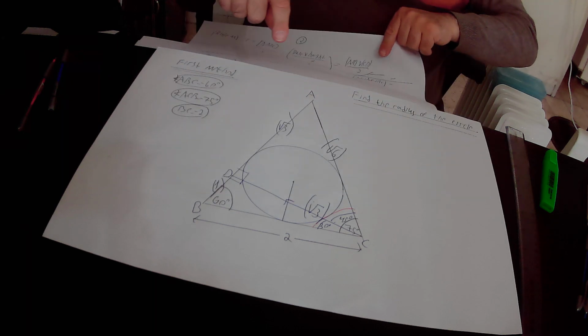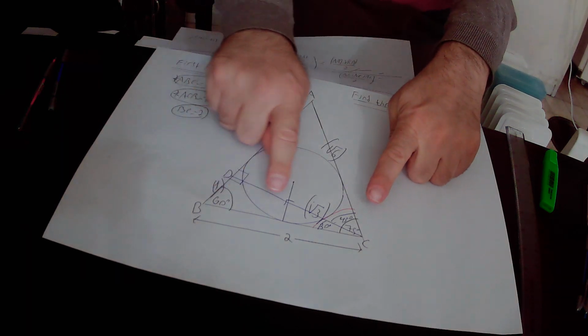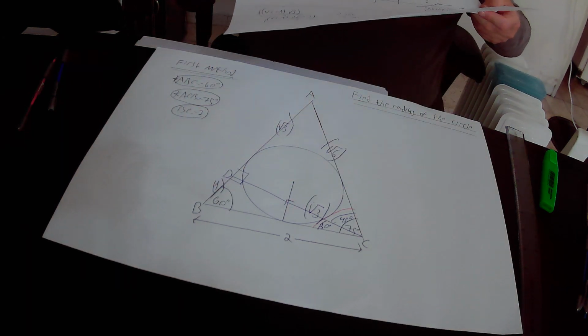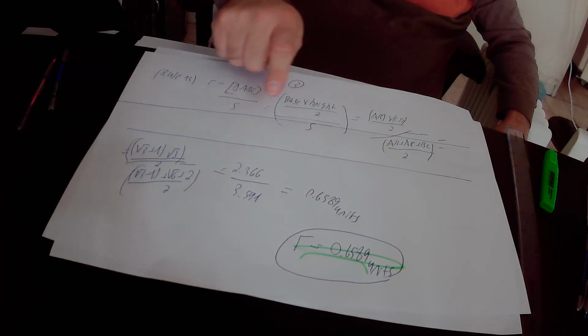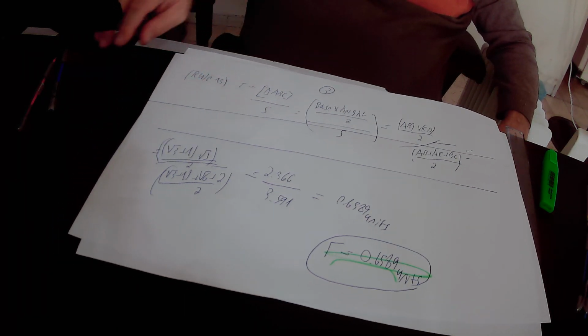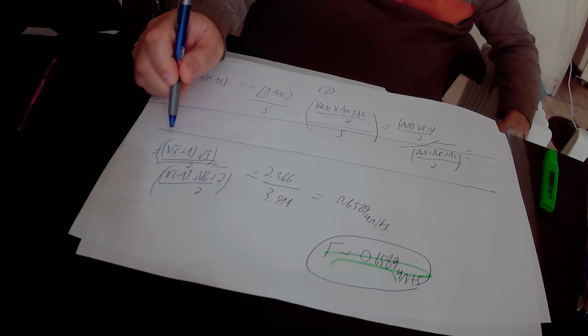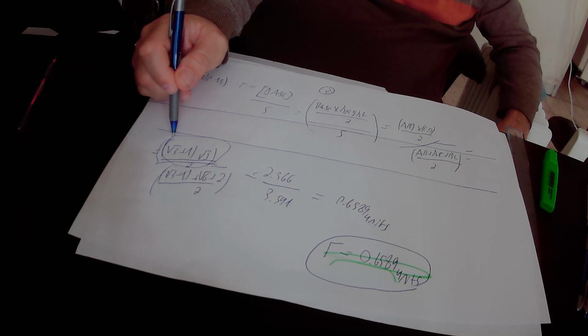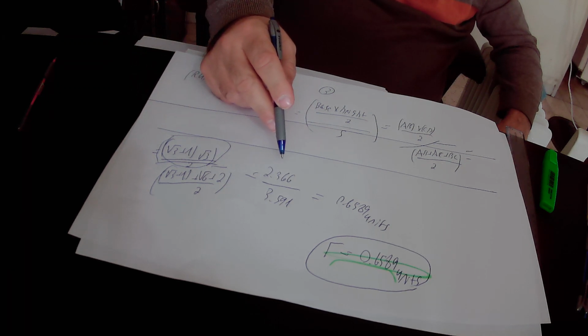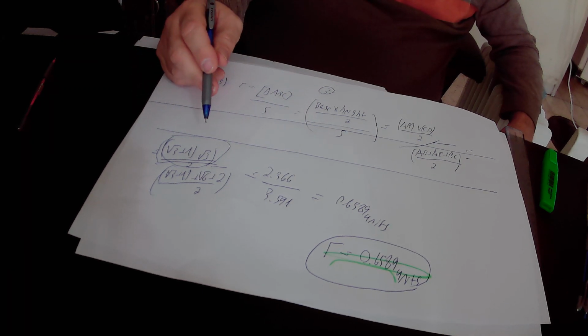According to what is given in the question, BC equals 2 units. So substitute BC by 2, and we divide it by 2. So this expression is the area of triangle ABC, and the value of this expression in total equals 2.366 square units. That is the area of triangle ABC.